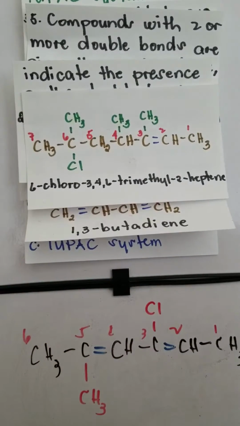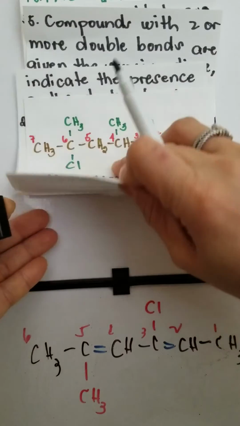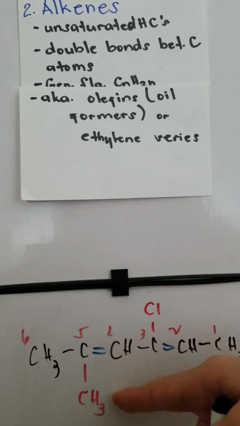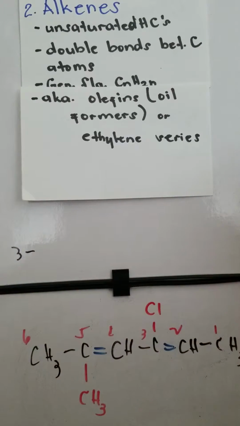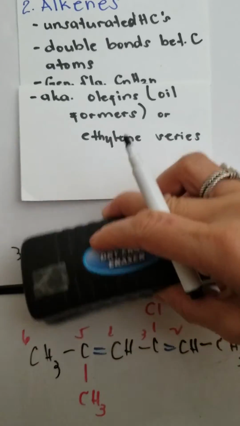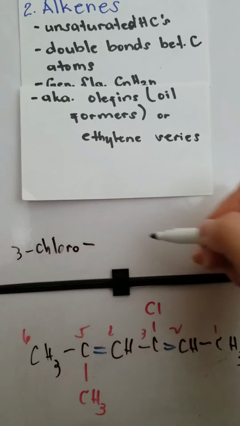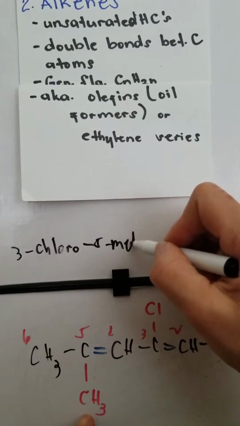Okay, now let us name the structure after assigning the numbers of our carbon atoms. What is the name of this structure? Yes, we name the branches. First is chloro, so you have 3-chloro, then the second group, 5-methyl.